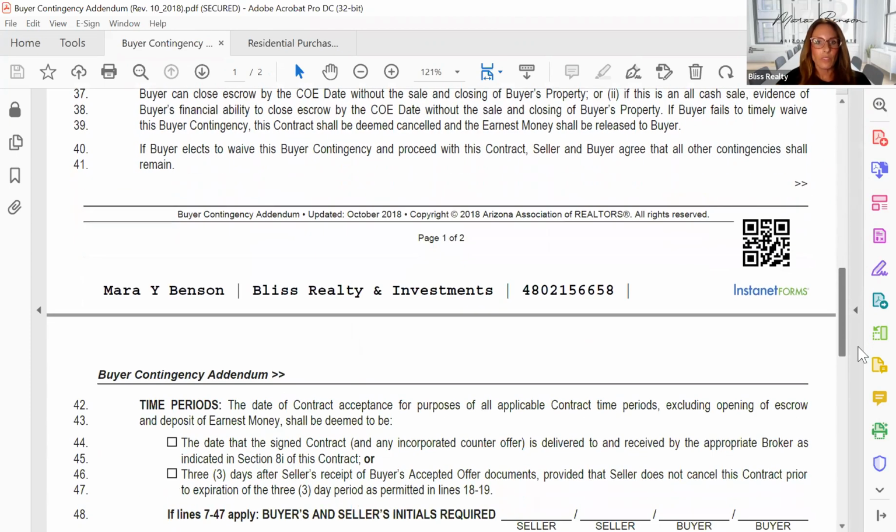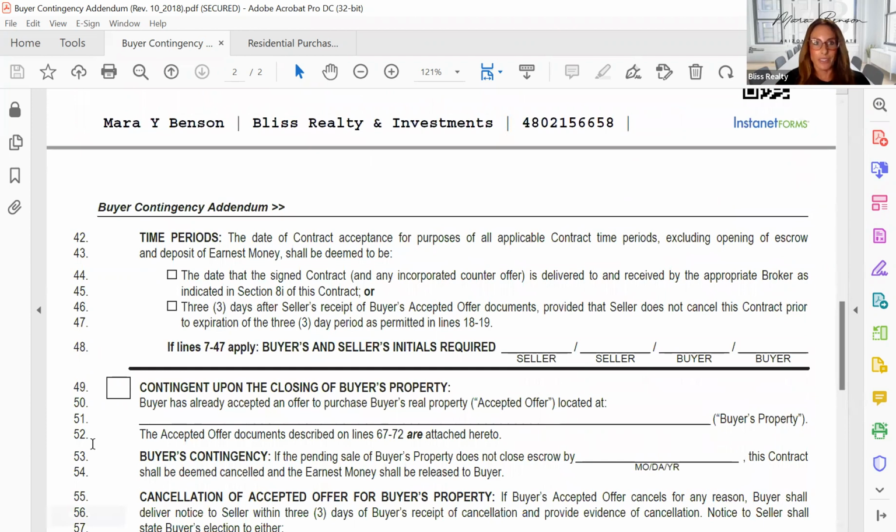Time periods, and this is super clear. The date that the signed contract is delivered and received by. Yes, I would always put that. And this only ever gets signed if I'm checking that very first paragraph.